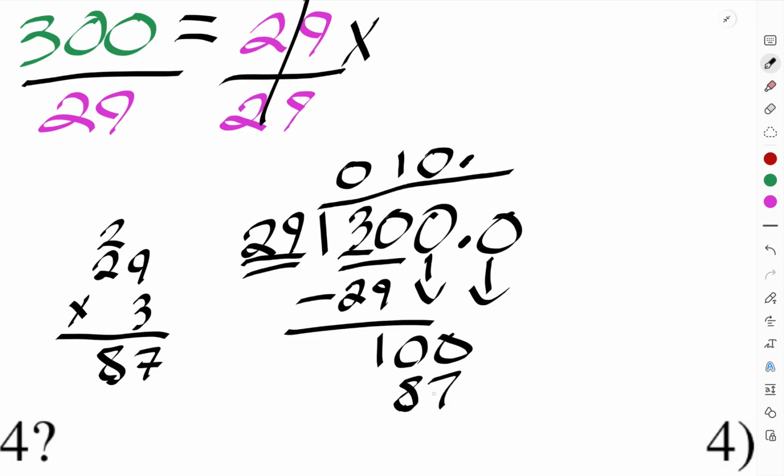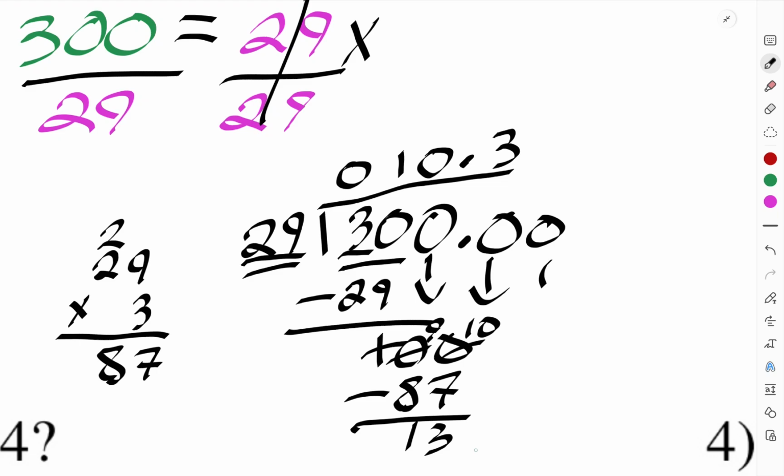So it's going to be 87. And also over here, we're going to put 3. And then we just figure out what that is. So this one becomes 10. This one becomes 9. And I'm going to have 13. Now, what I could do, I could put another 0 and bring it down so that we have 130 to keep going on my decimal spot. But I'm going to stop right here.